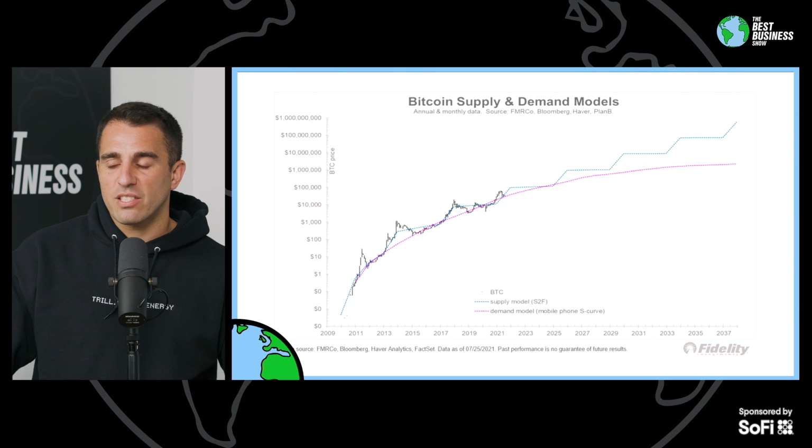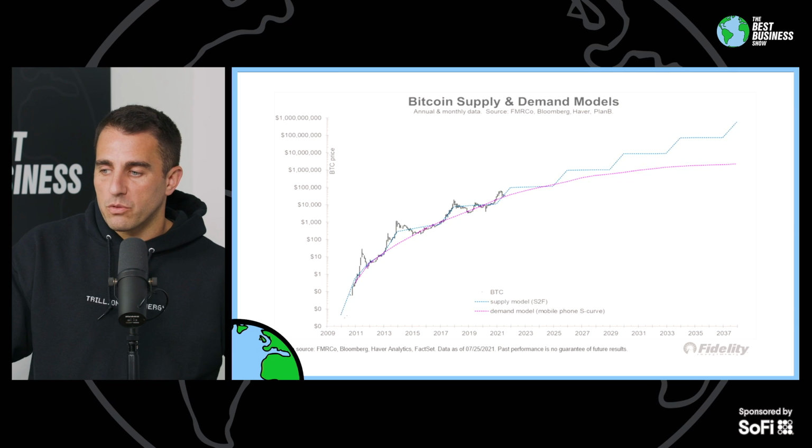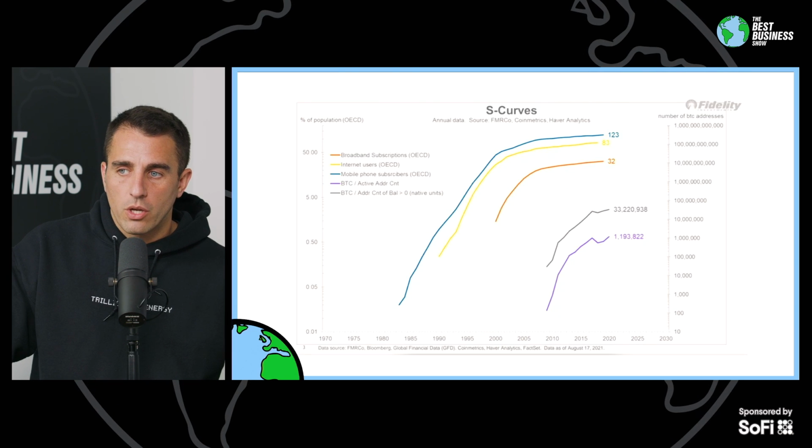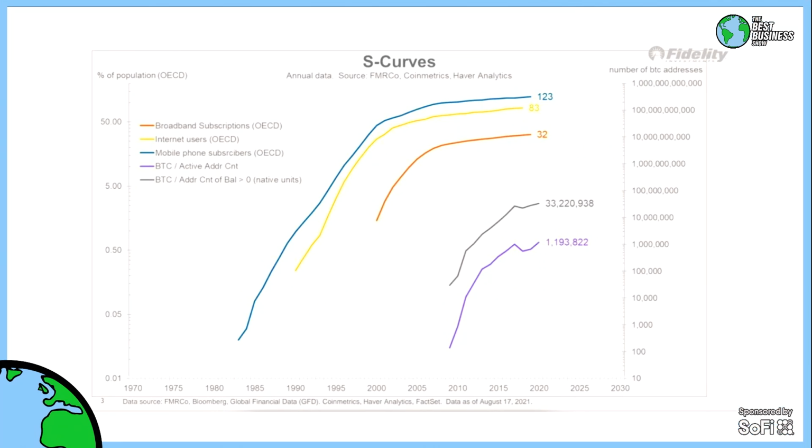Last thing is the S-curve adoption. I think this was also in their presentation here. And what you can see is the red is the broadband subscriptions, yellow is internet users, blue is mobile phone subscribers, then you have Bitcoin active address count, and then you have the Bitcoin address count of balances over 0.